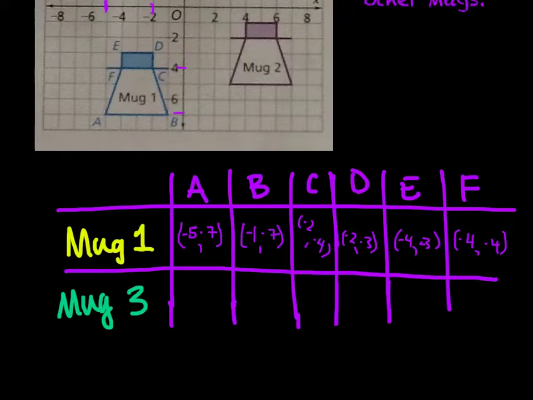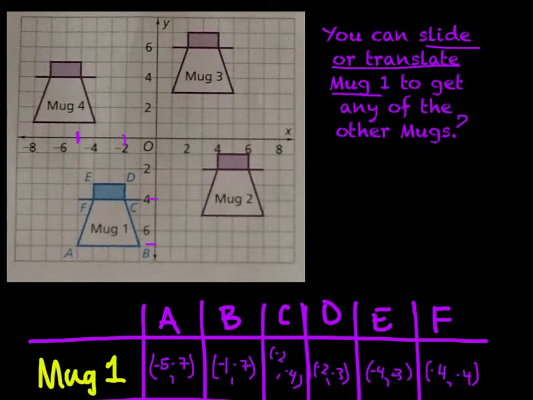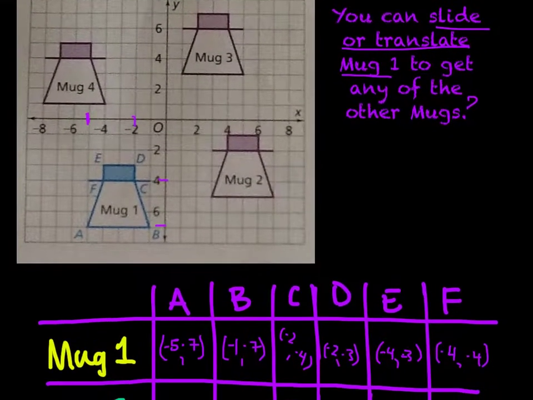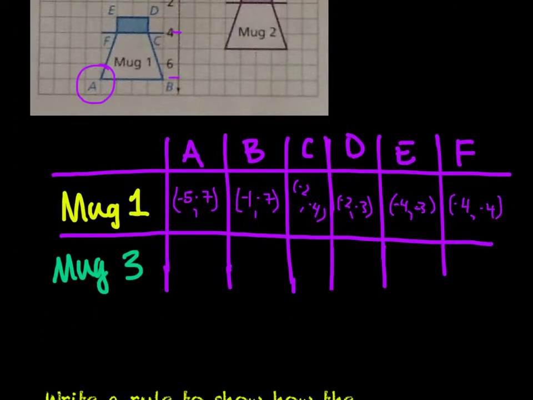We are going to translate this mug up to mug 3. So what we need to do is write all those same points for the corresponding vertices of mug 3. Mug 3, if we look at it, we are at (1, 3) for that point A. So we're going to add that in.